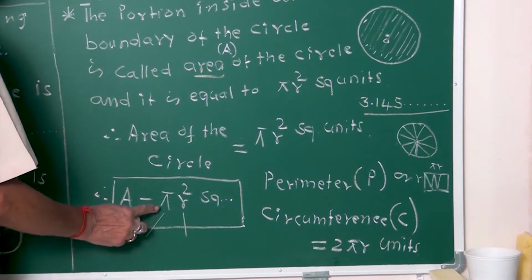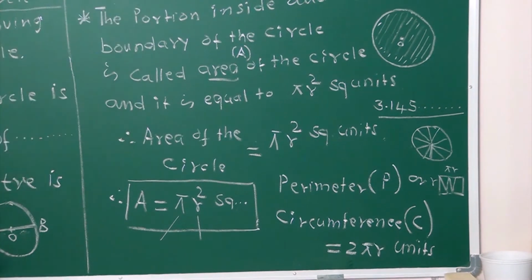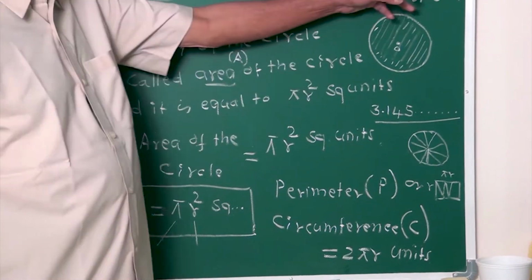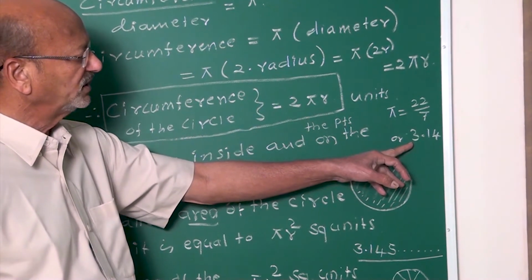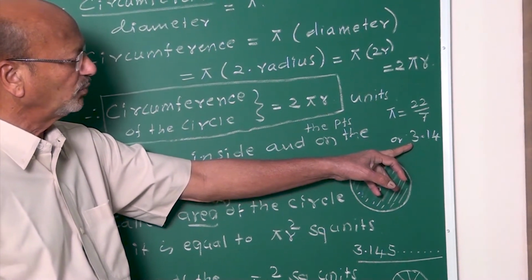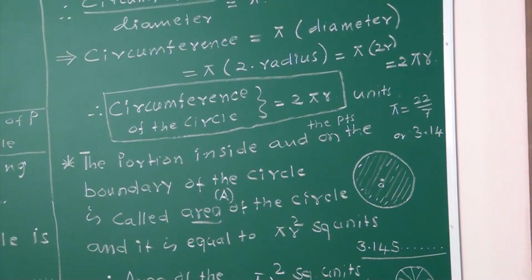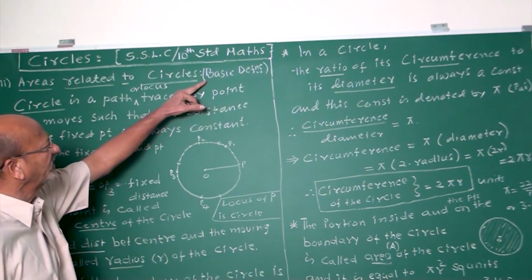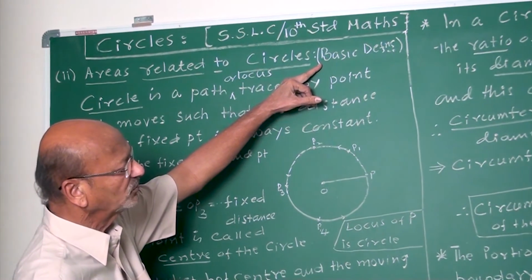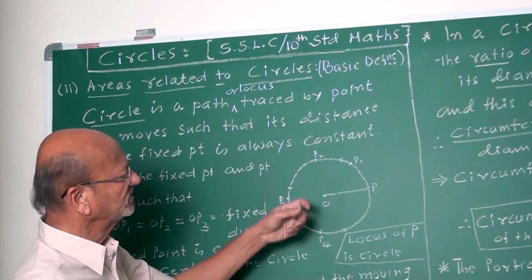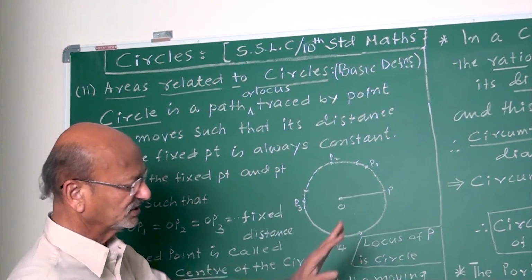It is a fixed constant, a Greek letter, whose approximate value is 22 by 7 or 3.14. Once again I reminded you of these basic concepts or basic definitions related to area of the circle.